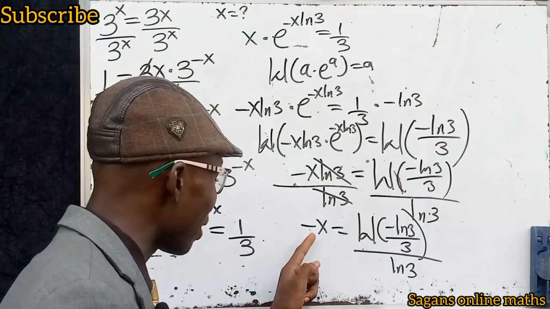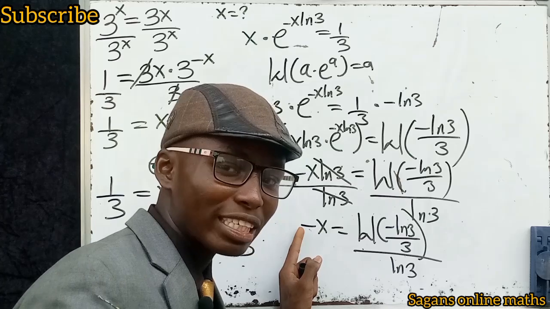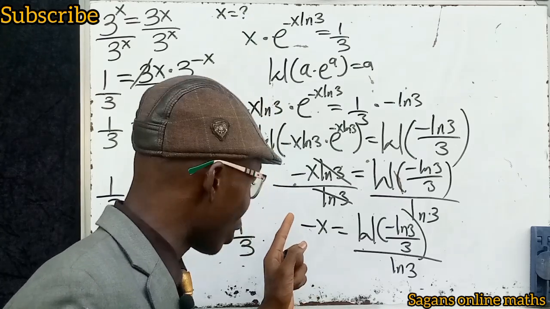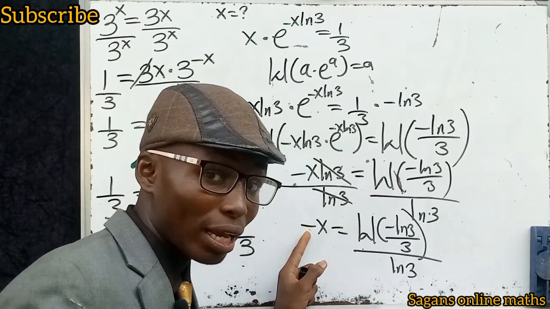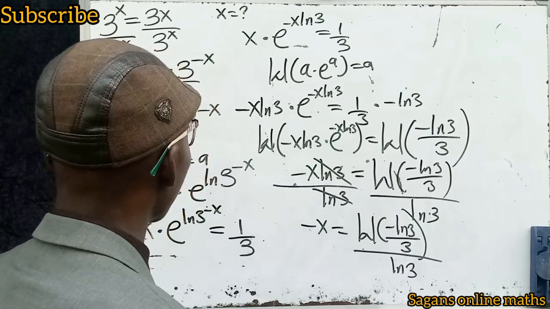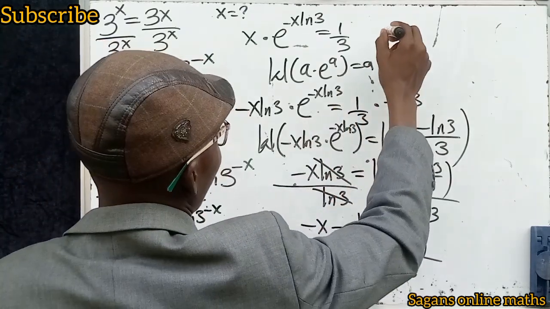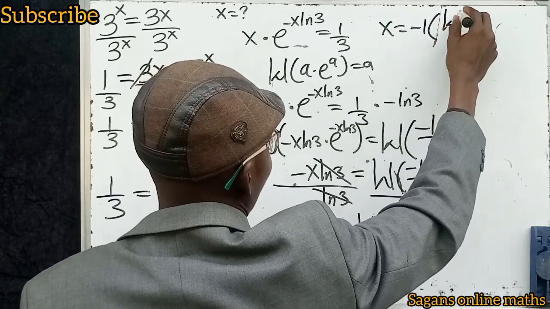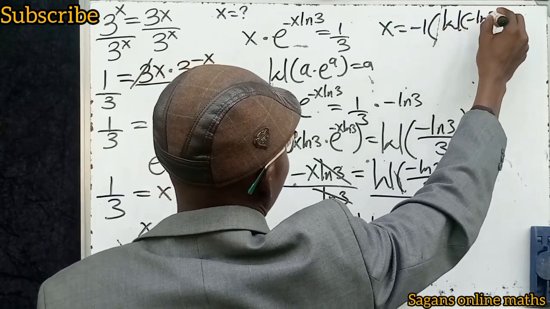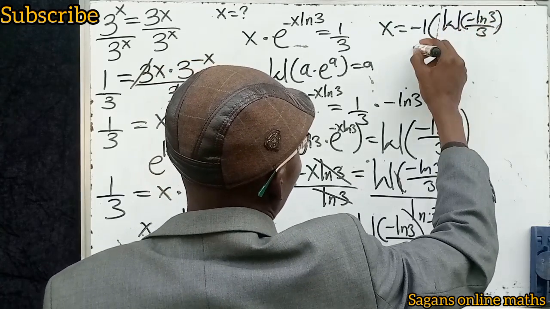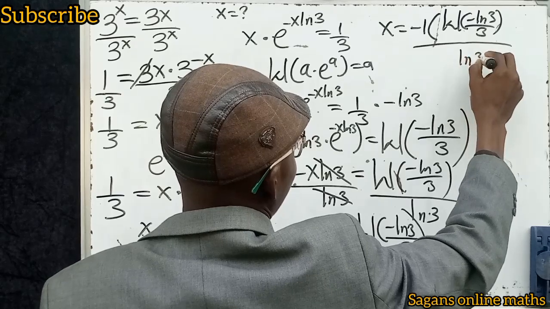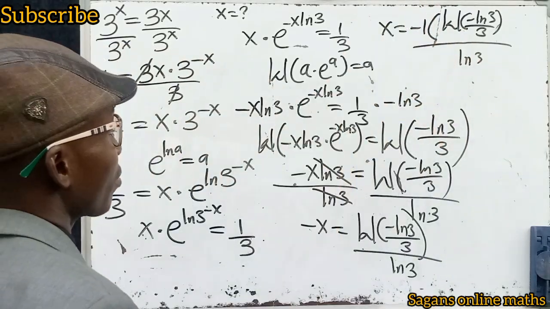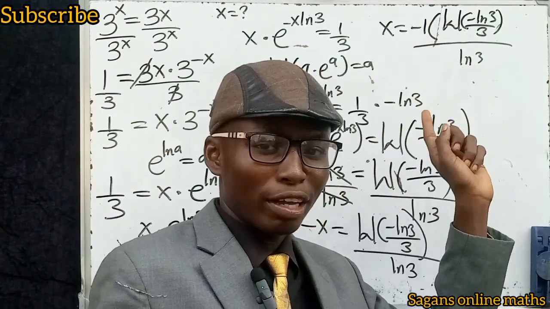So for us to remove this minus sign from here, we have to multiply both sides by minus 1, so that this minus can go out. Now if you multiply both sides by minus 1, x equals to minus 1 into the W function of minus ln 3 divided by 3, all over ln 3. And this is the value of x.